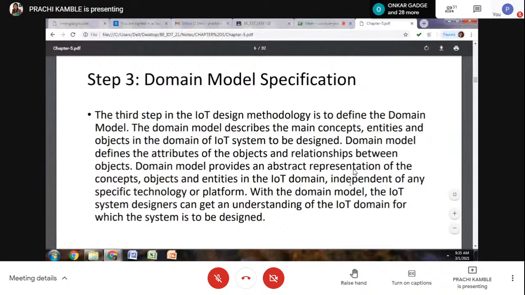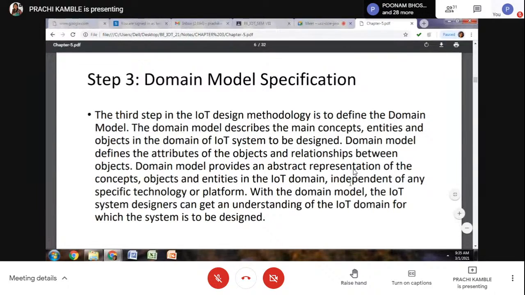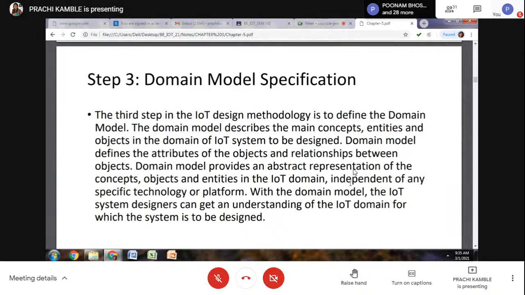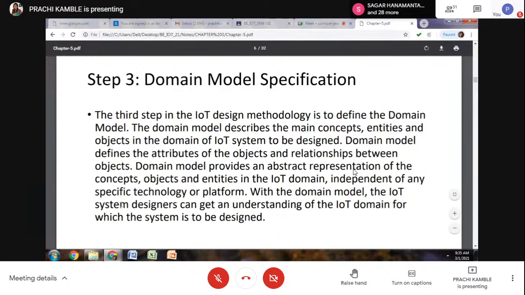So initially it has nothing to do with any technology or platform. Depending upon the application, these entities are defined first. Then, with the domain model, the IoT system designers can get an understanding of the IoT domain for which the system is to be designed.